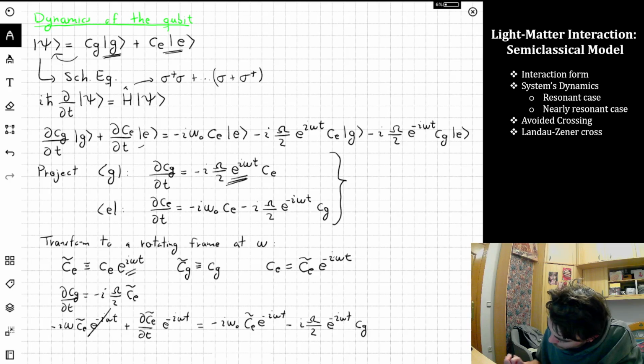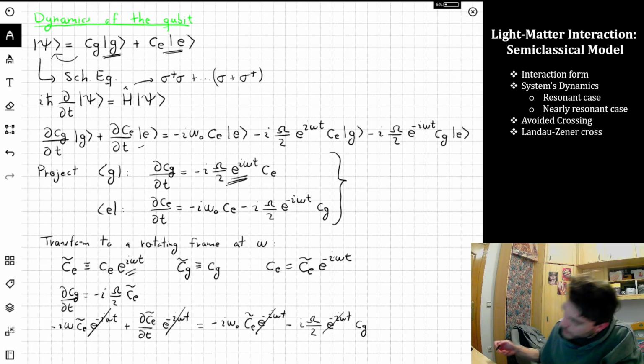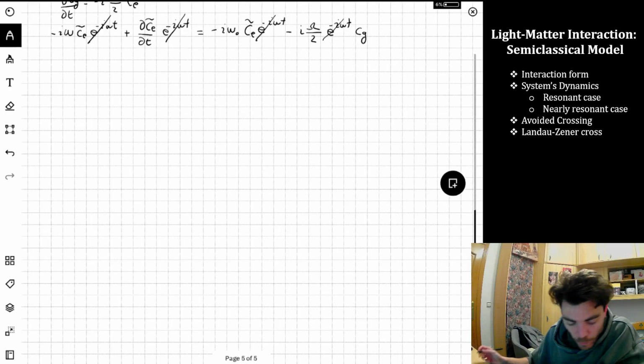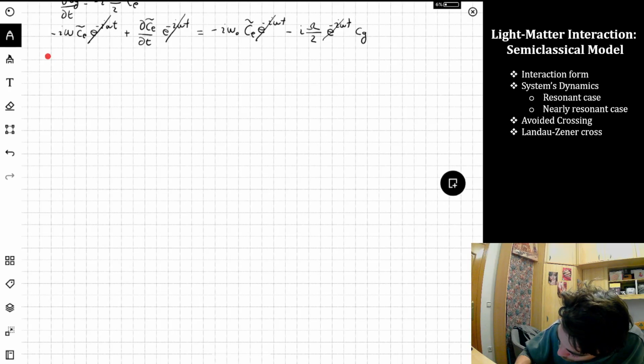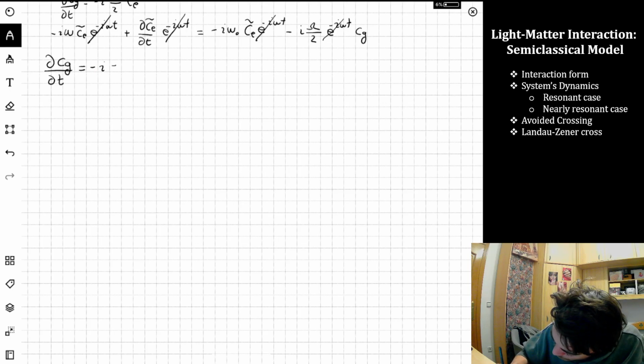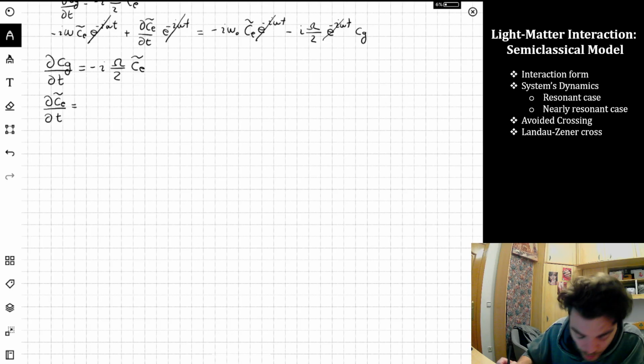And as you can see, all the exponential terms magically go away, and then we got the two equations that we are interested in. I'm going to write them down because these are the equations we have to solve. The derivative of Cg with respect to time is equal to minus I omega divided by 2 Ce tilde, and the derivative of Ce tilde with respect to time is equal to minus I, the tuning.